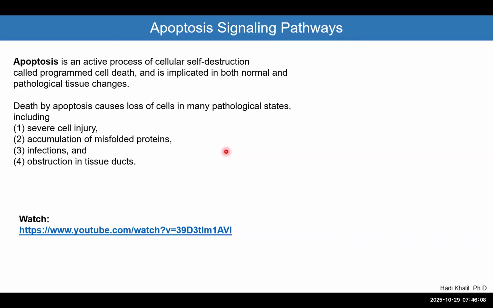So this is a process that takes place during embryonic development. But yet, with the shift of the balance of an injury or infection, cells go to the apoptotic process. And that's due to a severe injury, accumulation of misfolded proteins, infections, obstructions of the tissue, or loss of oxygen. So all that can cause programmed cell death.